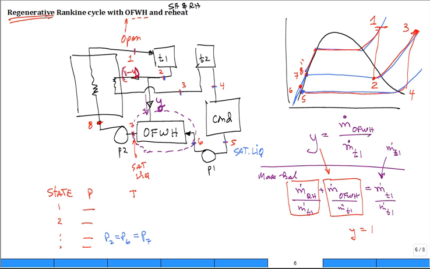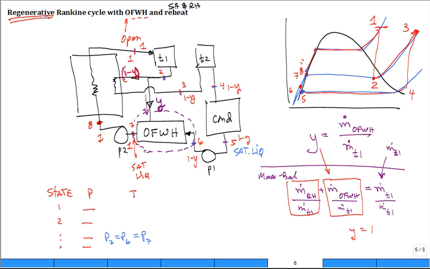True? So sometimes I'll write 1 minus Y continuing, and they join up. Now I'm at 100%, and then we split. We split right there after the first turbine stage.